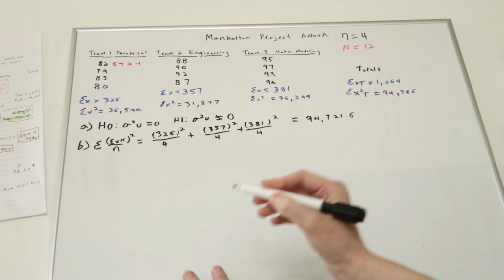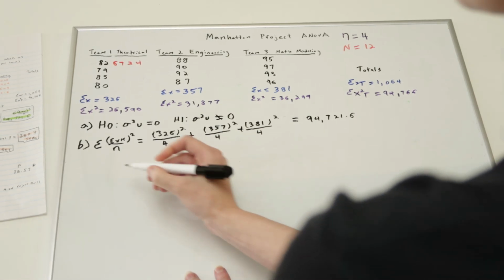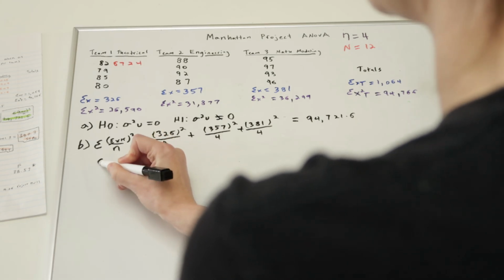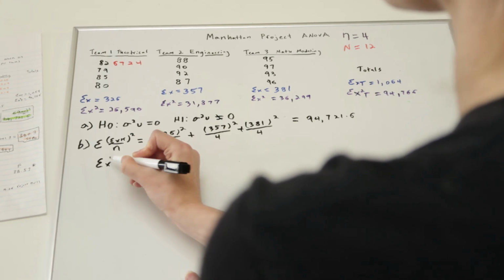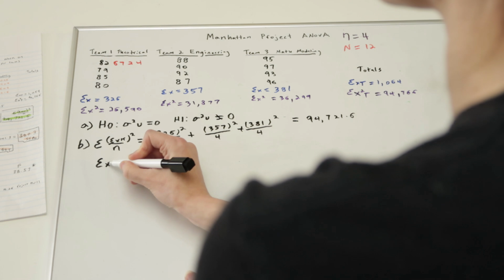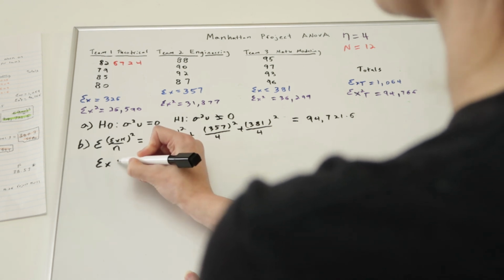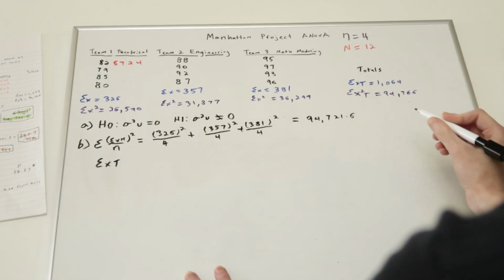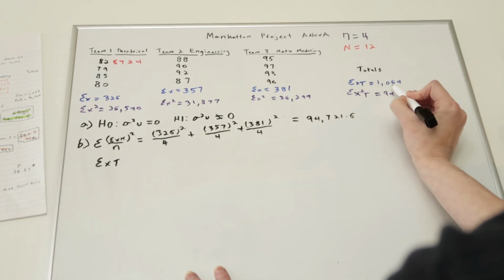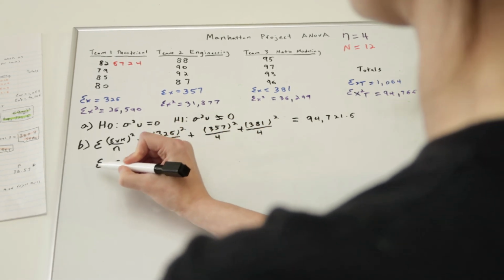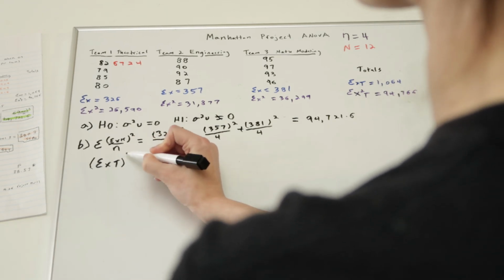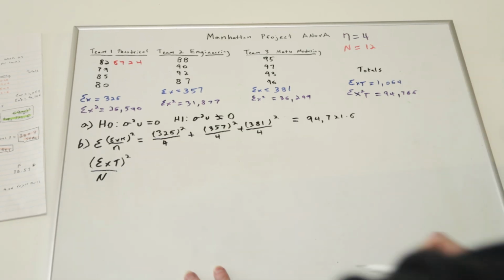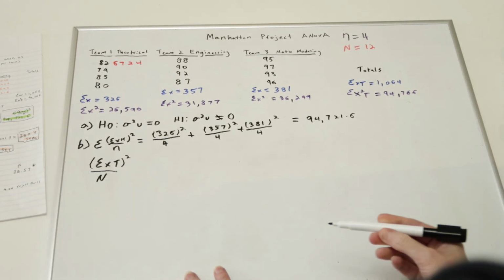After that, we now are going to find the component needed to fill out our table, which would be the sum of scores total, which is this number up here, squared over big N, which is 12, right?